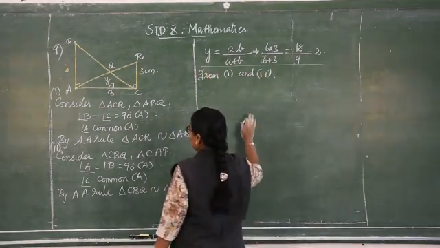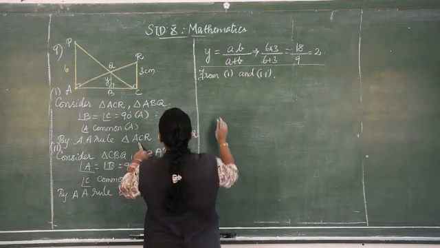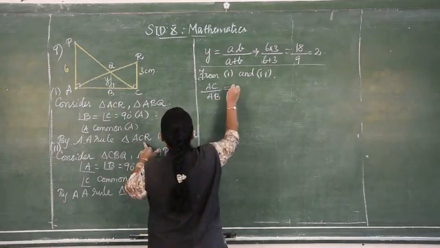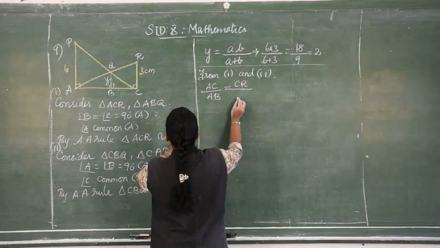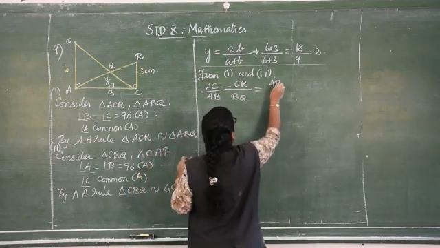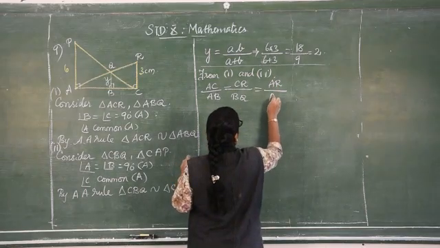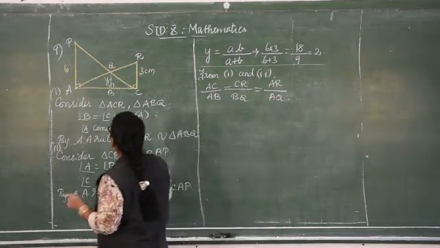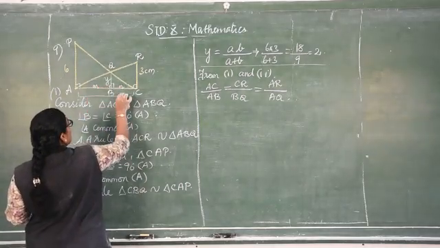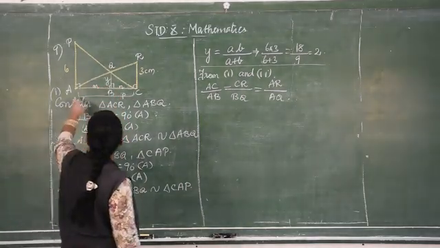When they ask in 5 marks, you have to prove like this. From 1, what we will be writing? AC by AB is equal to CR by BQ is equal to AR by AQ. Let me name this one as M, this one as N, and this one as P. Now what is your AC?